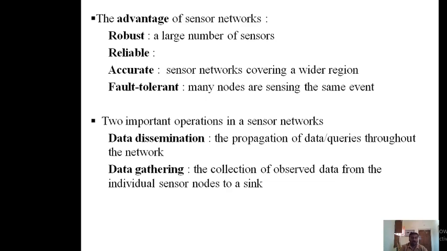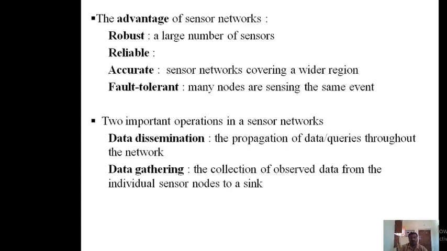Among these things, sensor networks perform two most important operations: data dissemination and data gathering. Data dissemination means propagation of data, or distributing the data or queries throughout the network.